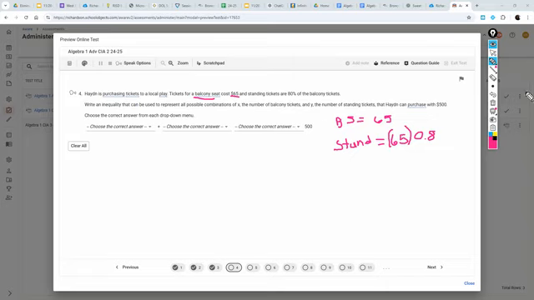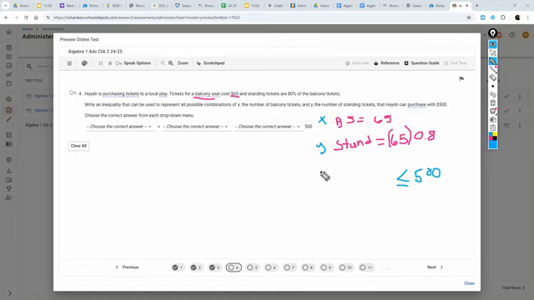So we know this is going to be represented as X. I'm going to put this in blue. Balcony seats are X, and Y standing tickets that Hayden can purchase with $500. So she can't spend more than $500. So it has to be less than or equal to $500.